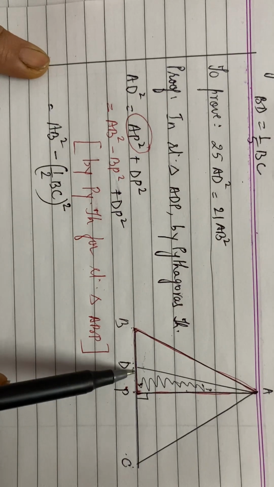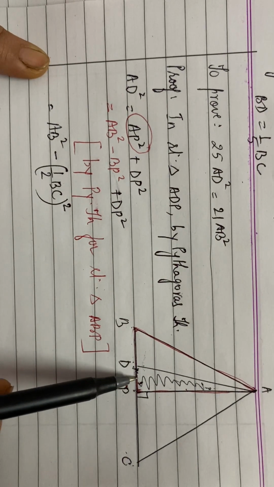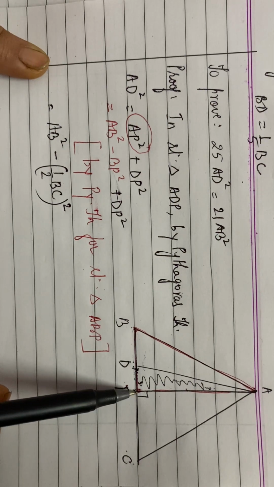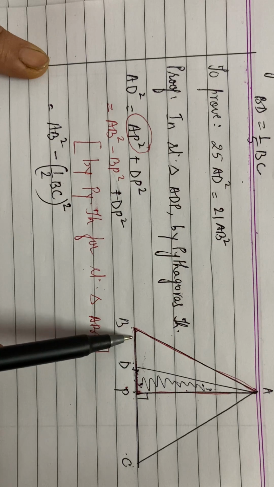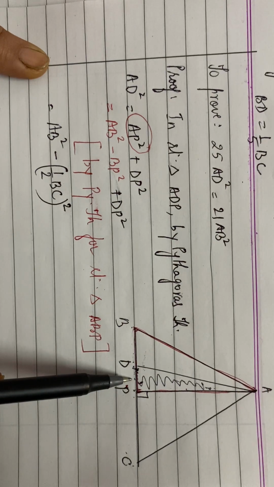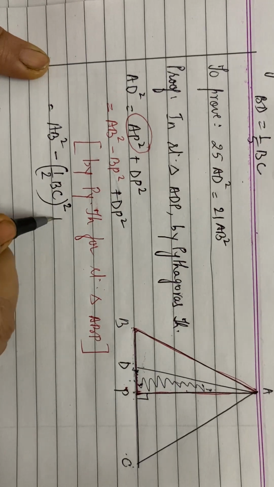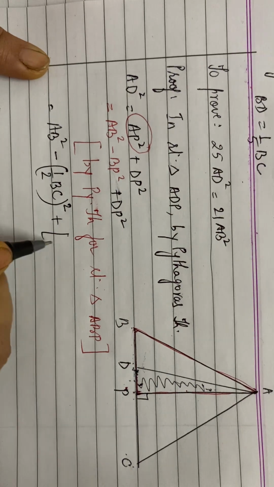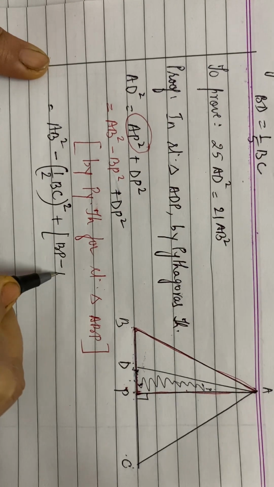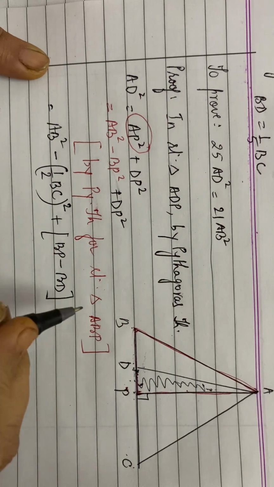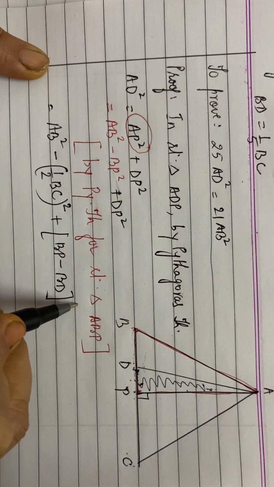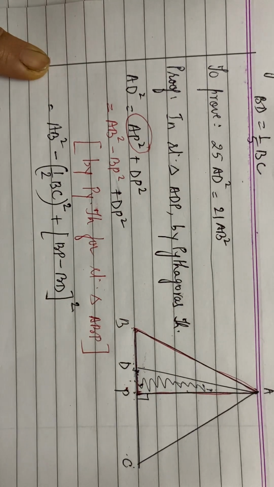And this DP we will change in terms of BP. Now if you take this BP, from that BP if you subtract BD, you will get DP. Okay. So we write BP minus BD is your DP square. Fine.